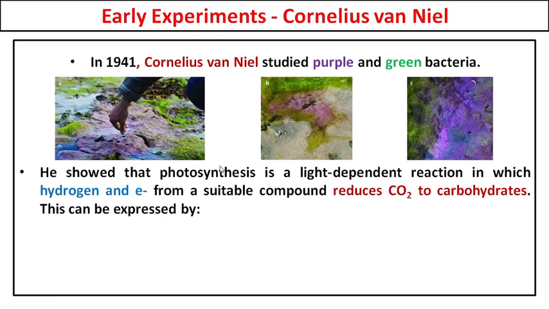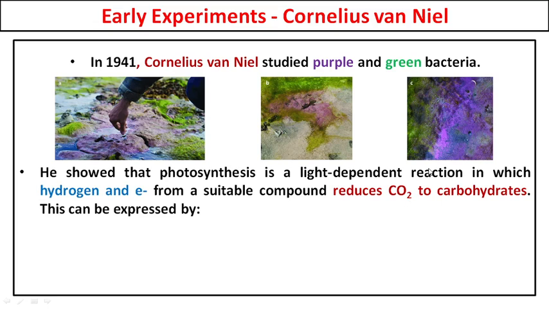Now he showed that photosynthesis is a light dependent reaction. This much we already know, in which hydrogen and electron from a suitable compound reduce the carbon dioxide to form carbohydrates. So he was the first one to say that there is hydrogen and electron, somebody is donating this hydrogen and electron to reduce the carbon dioxide.